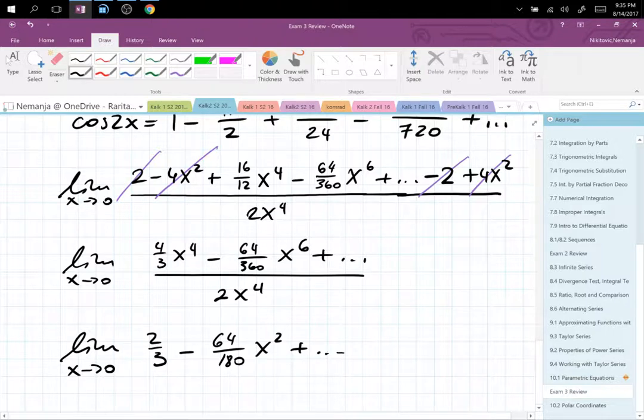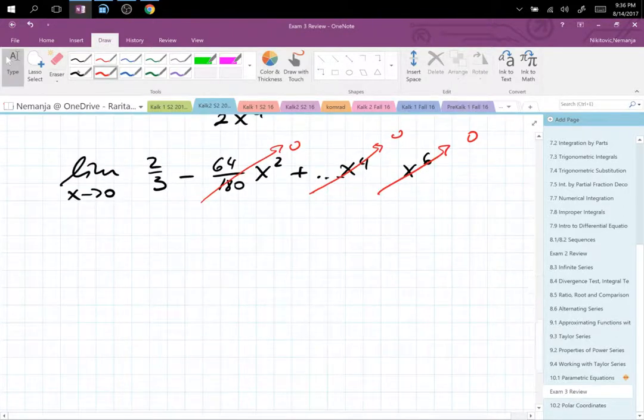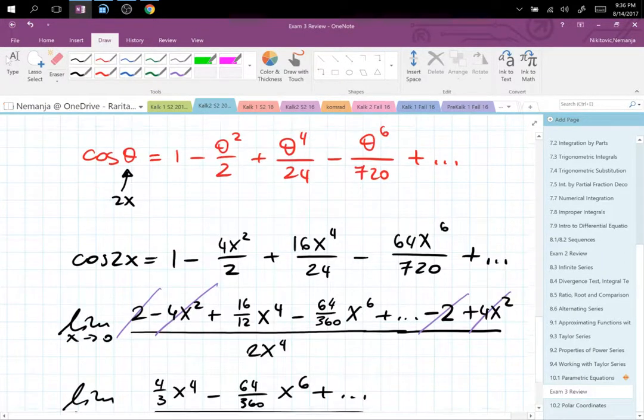You know that the next one over here will be x to the 4th and then x to the 6th and so on. Each one of them goes to 0 because x goes to 0. So every term where x survives is going to go to 0. The only term that survives here is 2/3, and the limit of the whole thing is 2/3. It's a crazy looking limit, right?